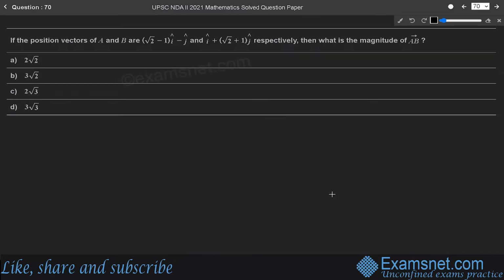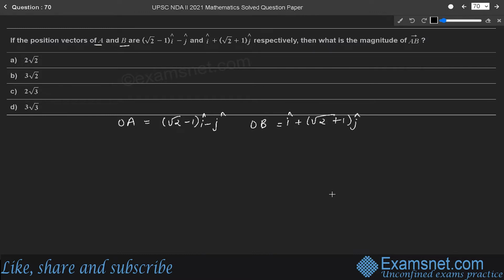Next question is, if the position vectors of A and B are, see, position vectors means we can consider OA for A and OB for B. So OA is equal to (root 2 minus 1) I cap minus j cap, and OB is equal to I cap plus (root 2 plus 1) j cap.